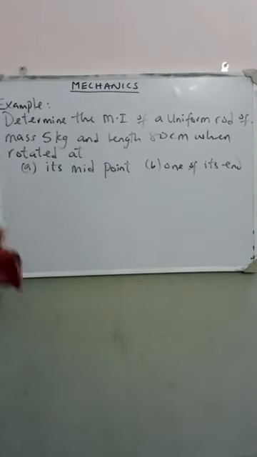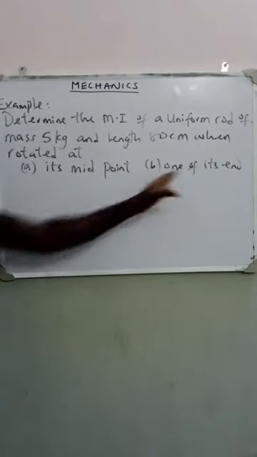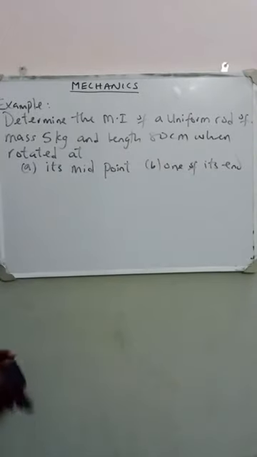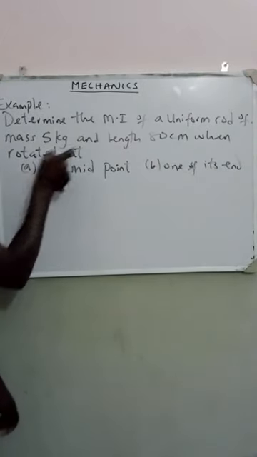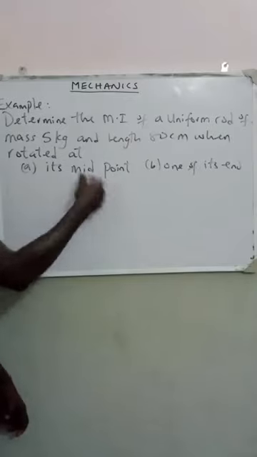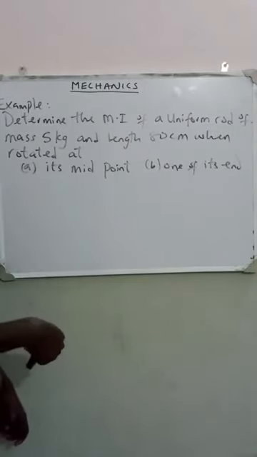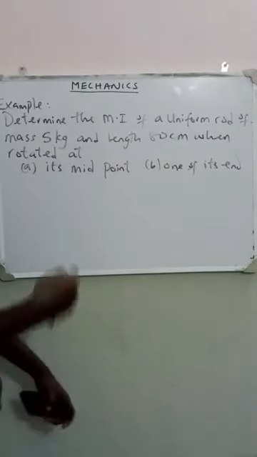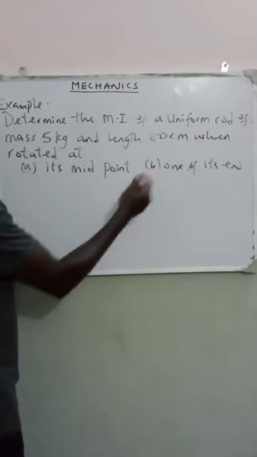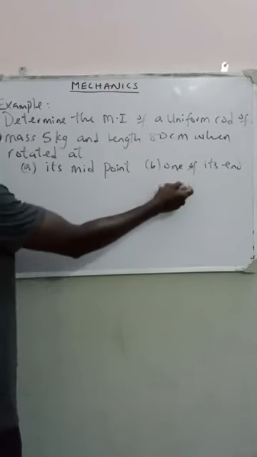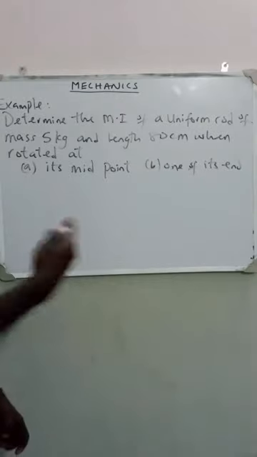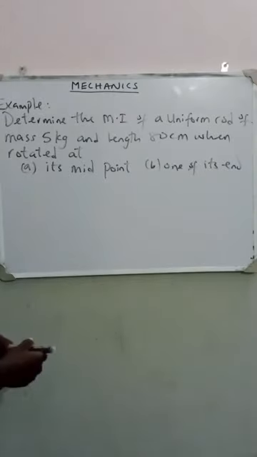So we want to look at this question from two different perspectives. The first is when it is rotated at the midpoint, and the second is when it is rotated at one of its ends. What happens to the moment of inertia?